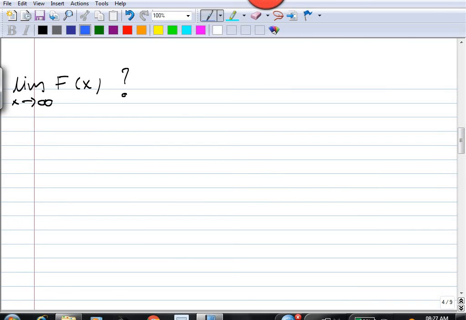So let's first look at what happens as x goes to plus infinity. Well, again, we write down the derivative, because we don't know what the values of f are exactly. We only have this definition for f as an integral, and that integral is very difficult to evaluate.